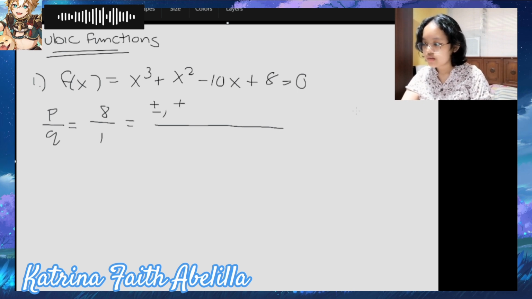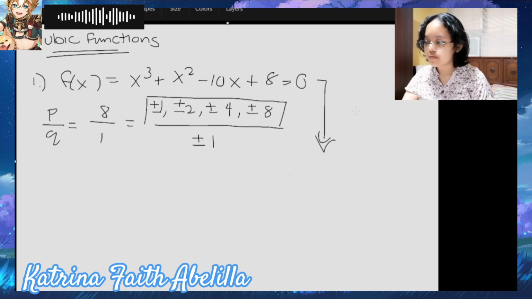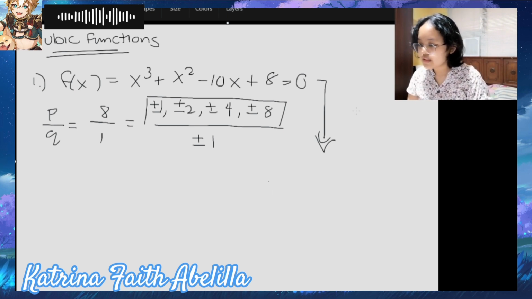The factors of 8 are positive negative 1, positive negative 2, positive negative 4, and positive negative 8. Then the factors of 1 are positive negative 1. Now, we will divide the numerator by the denominator. Since our denominator is positive negative 1, our possible zeros are the same as the factors of 8.